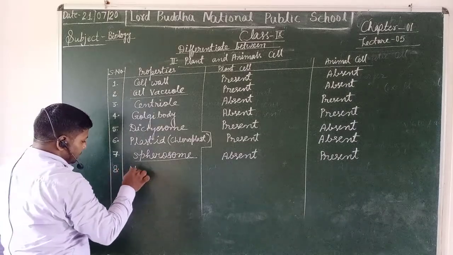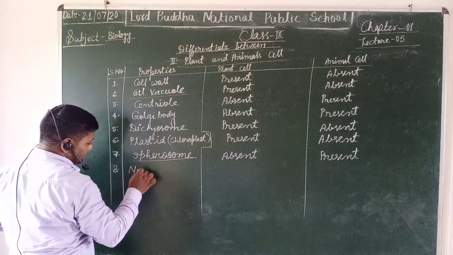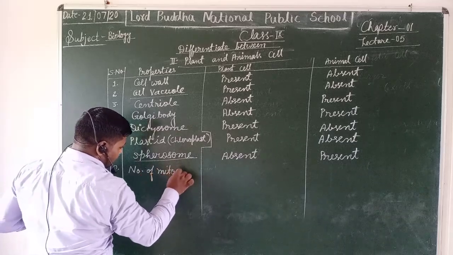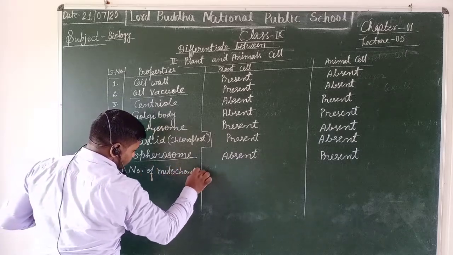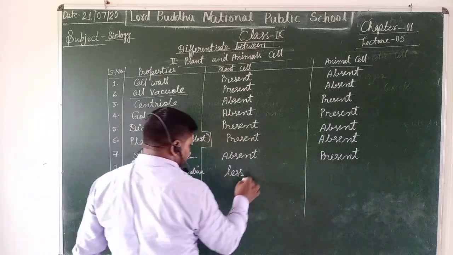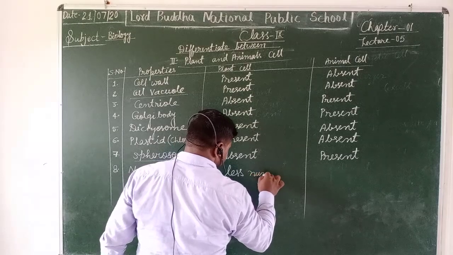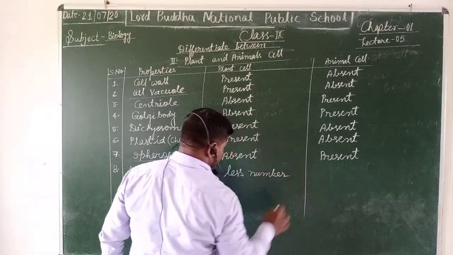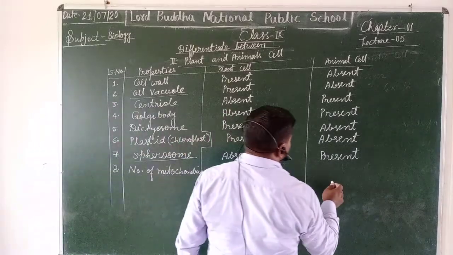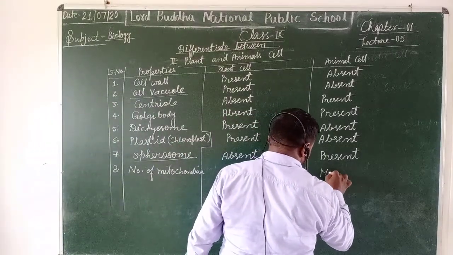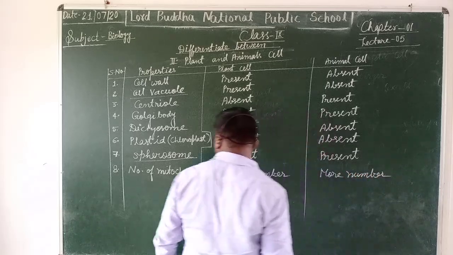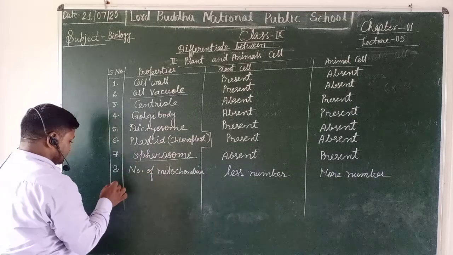Next, if we are talking about the number of some cell organelles like mitochondria, then we found in plant cell less number of mitochondria are present, but in animal cell more number of mitochondria are present.